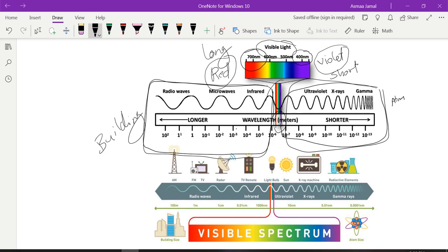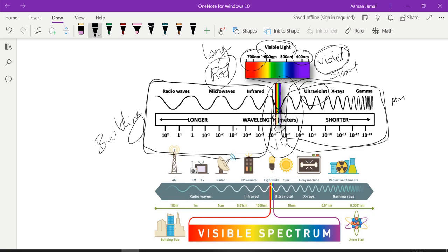The visible part, of course, we use to make things able to be seen. It also helps in photosynthesis, building vitamin D inside your skin, and others. The ultraviolet one, which we cannot see by the eye, comes immediately after the violet color.